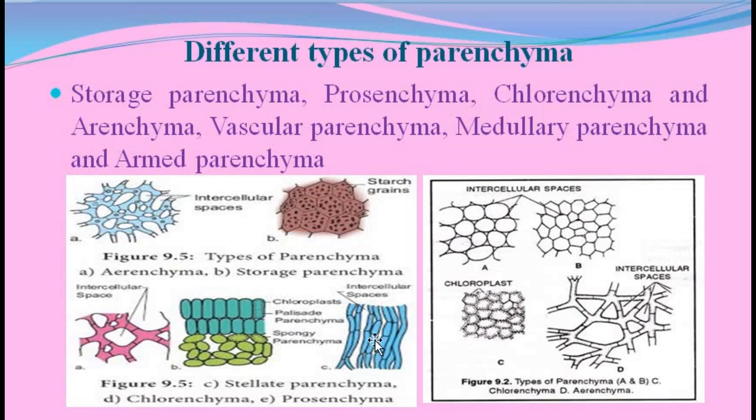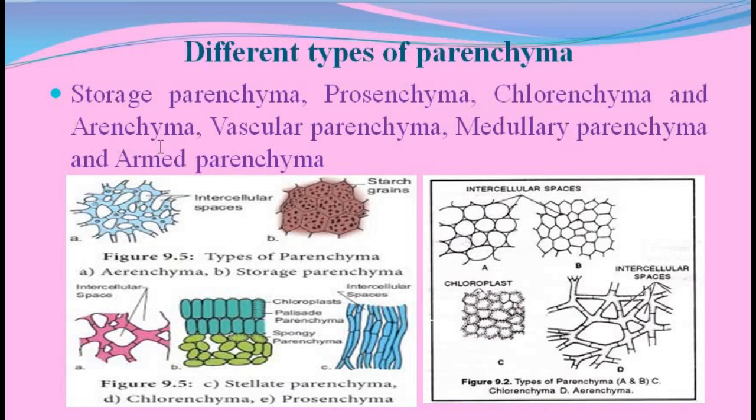Prosenchyma are a special type of parenchyma which are elongated in shape with a tapering end, and there are large intercellular spaces between them. Then the third type of parenchyma is called chlorenchyma. As the name itself indicates, the parenchyma cells provided with chloroplast are called chlorenchyma. They are usually present in leaf mesophyll, which generally helps in synthesis of food.